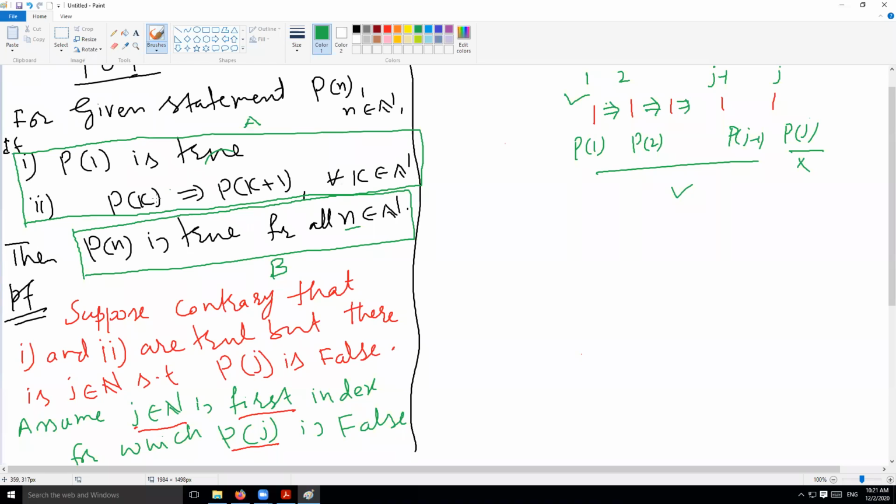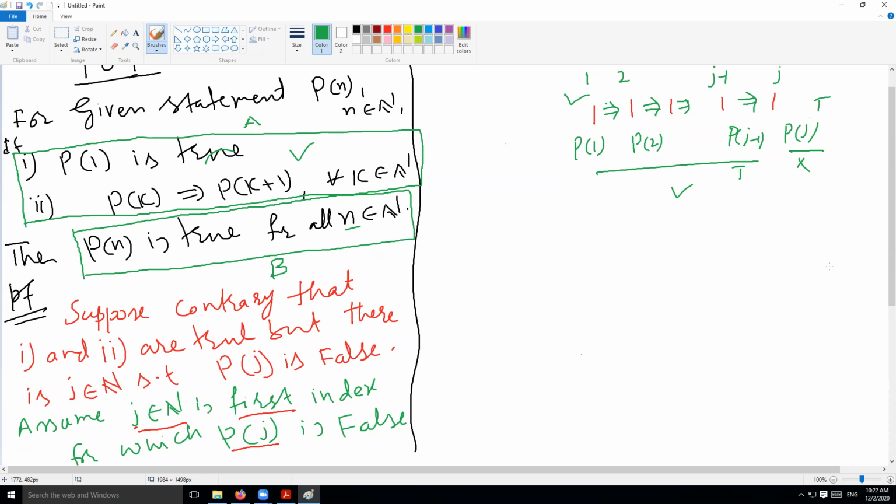No matter what pair you take, always P of k implies P of k plus 1. But now here is a contradiction. If the P of j minus 1 statement is true, and this principle is true, then by the second part we should conclude that P of j is true.